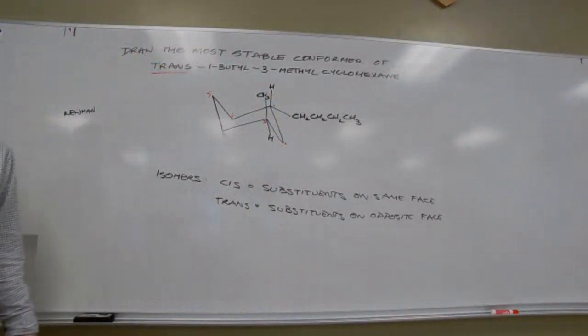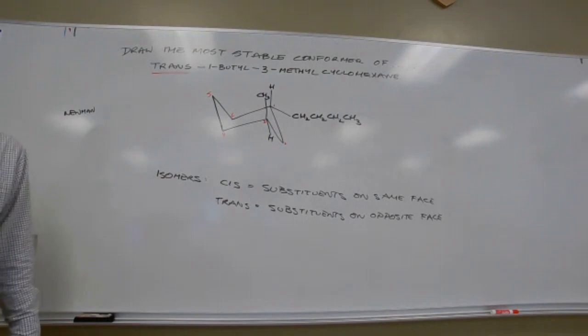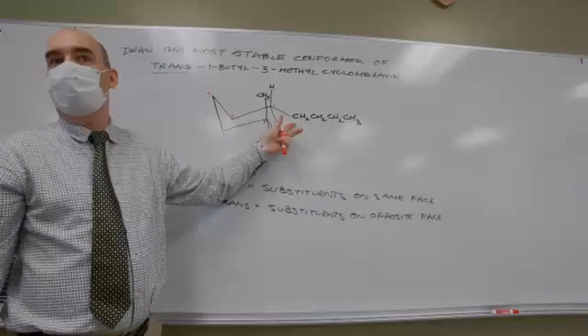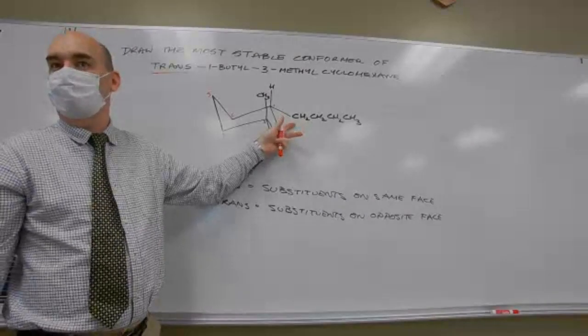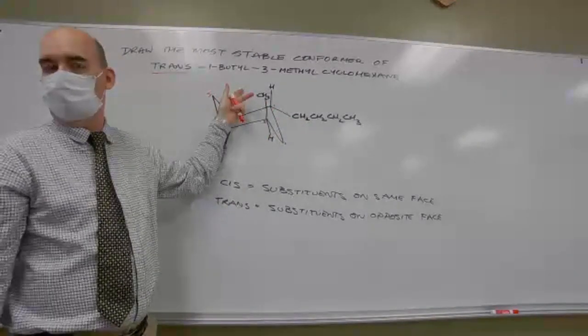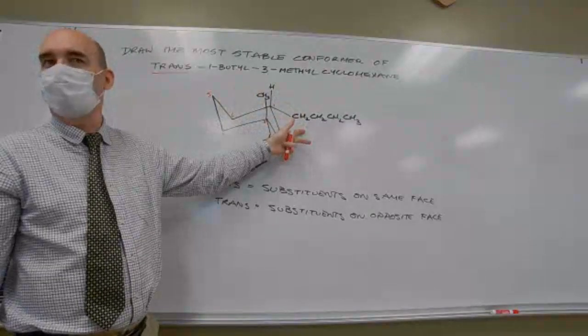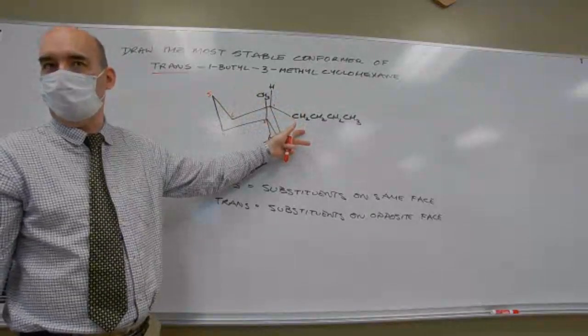But remember, methyls don't want to be in an axial position. Methyls want to be in an equatorial position. But butyls demand to be in an equatorial position. Ethyls want to be in an equatorial position. Butyls are going to require it.